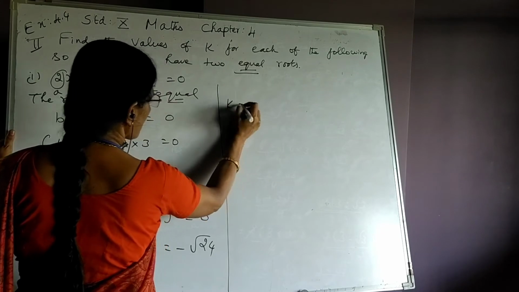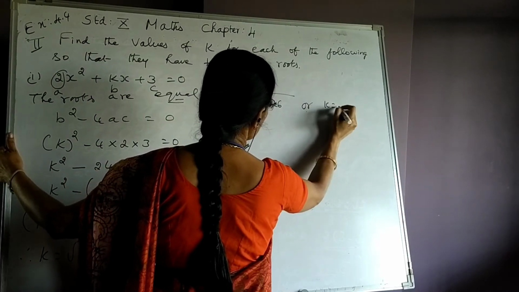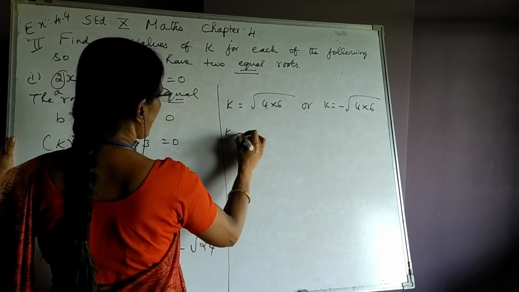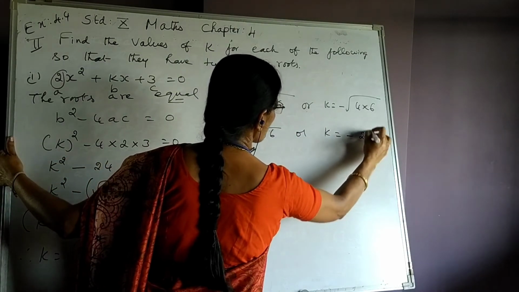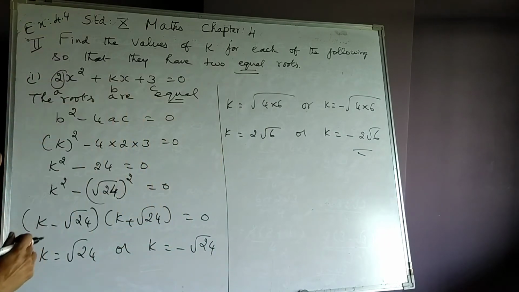This also can be split as 4 into 6, so K is equal to 2 root 6 or K is equal to minus 2 root 6. So, these are the values of K if the given equation has two equal roots.